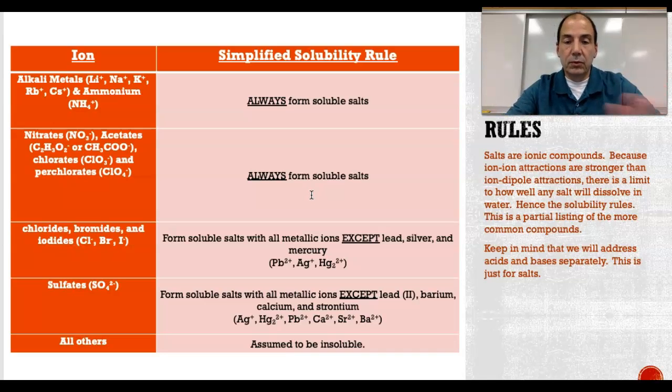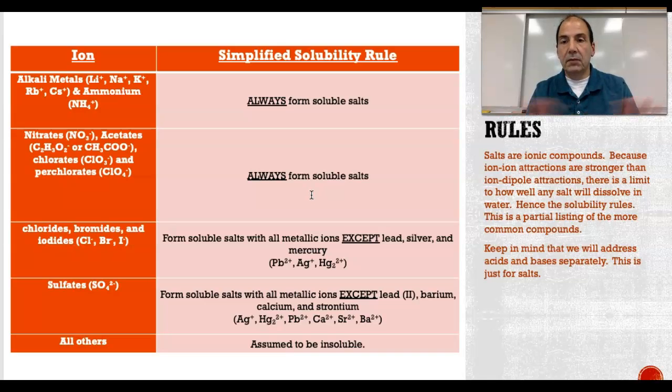The next two rules are sometimes rules. Chlorides, bromides, and iodides are soluble except when they're paired up with silver, lead 2, or mercury 1. Now, I don't think you're ever going to see an issue where you have to worry about the difference between mercury 1 and mercury 2, lead 2 or lead 4. So I usually just say look for lead, silver, mercury.